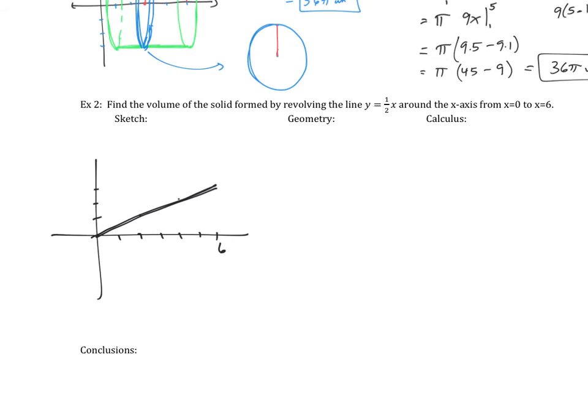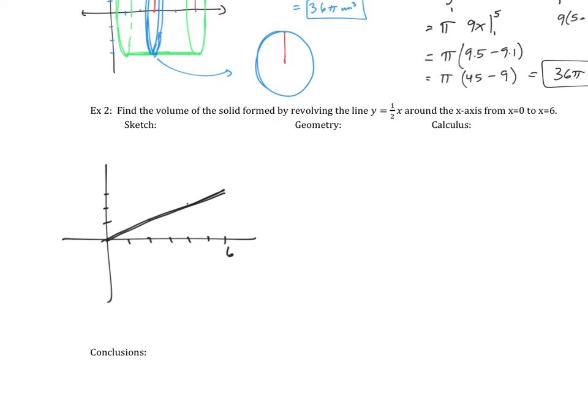So there's my line. Like I said, I like to start with a reflection. So take that, and the reflection is going to take me down here. And then if I'm revolving it, I end up with a cone on its side.